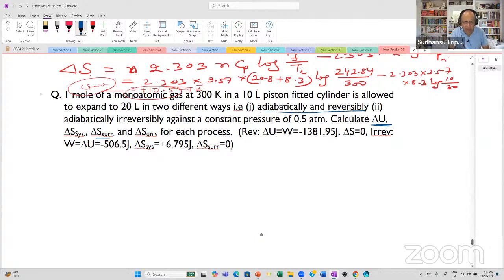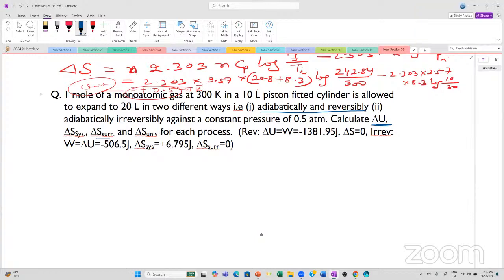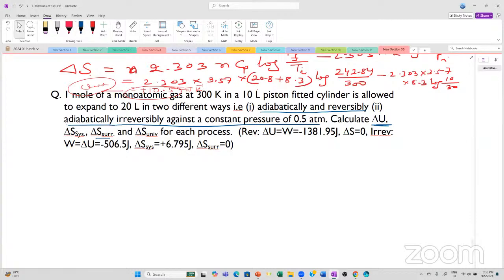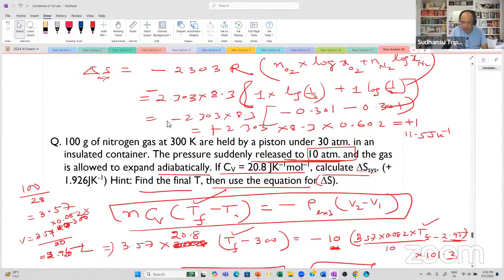Have we done this problem in class or no? No, sir. Sir, I think you have done this, the similar type, adiabatically, reversibly against a constant pressure. Yes, sir, similar type.